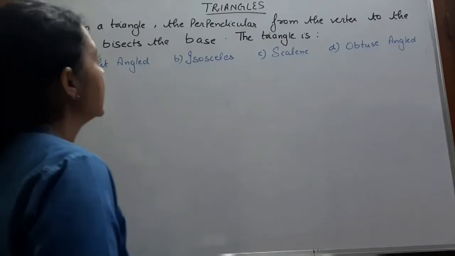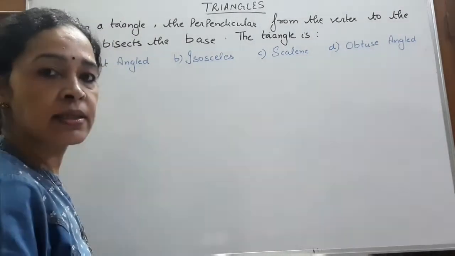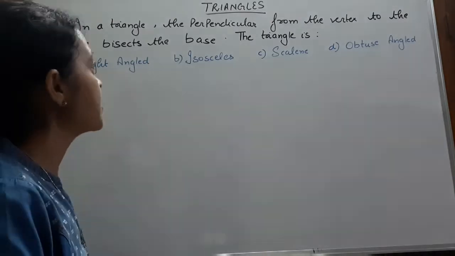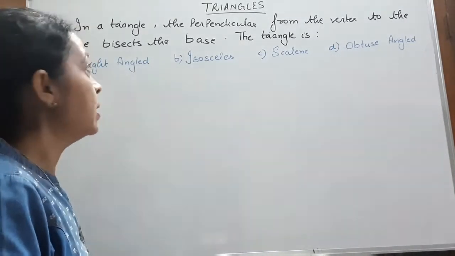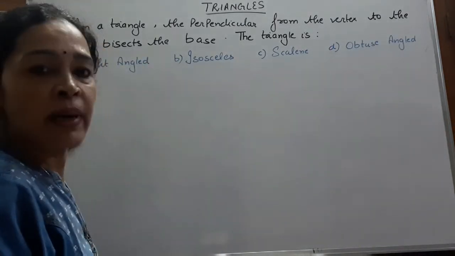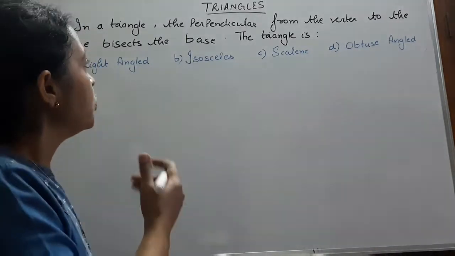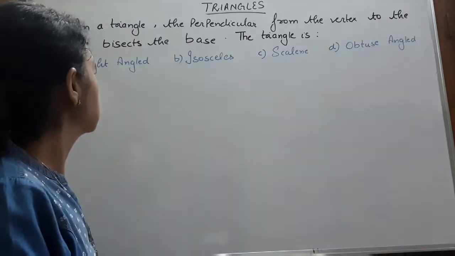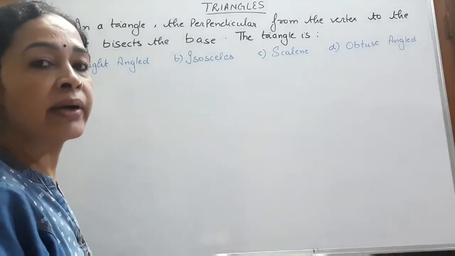In a triangle, the perpendicular from the vertex to the base bisects the base. Four options are given. Students, we had done in the previous question that if in a triangle a perpendicular from the vertex bisects the base, then it is an equilateral triangle. Do we have this option in this case? No, we don't have any option as equilateral triangle.